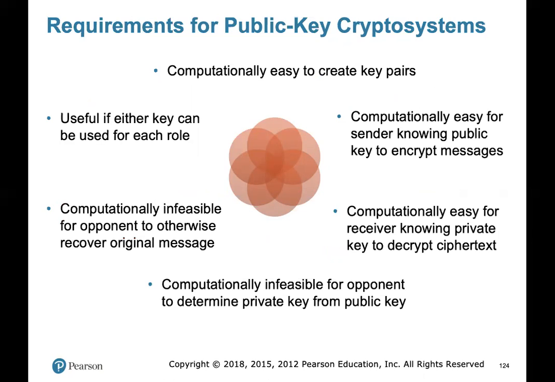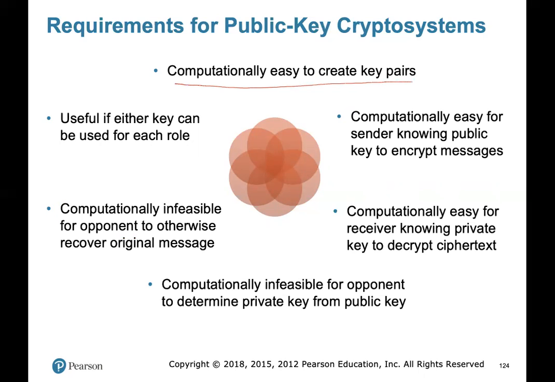But before that, I'm going to give you some basics on the requirements or features that you would like to see in asymmetric or public key encryptions. First of all, we like to develop algorithms where generating keys is not very complicated.